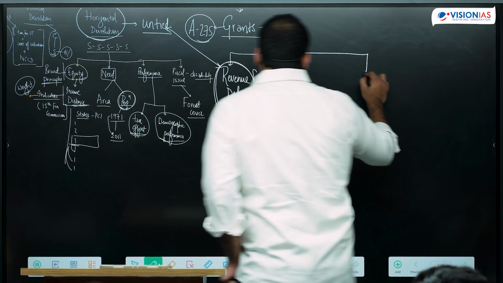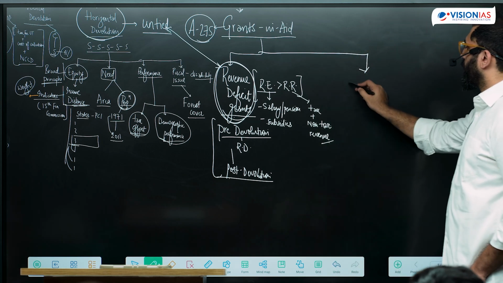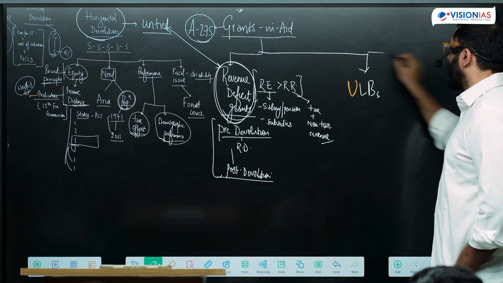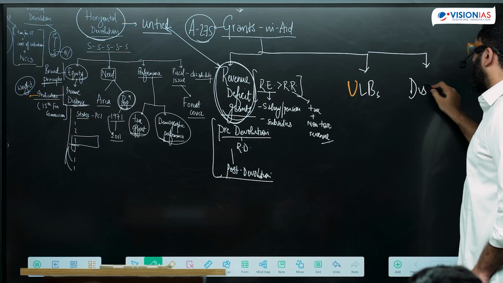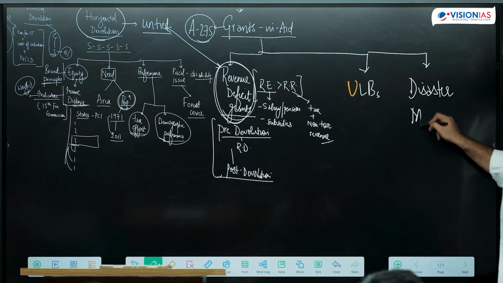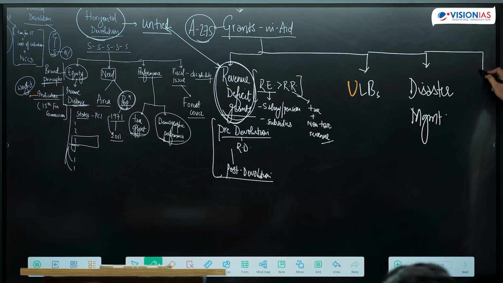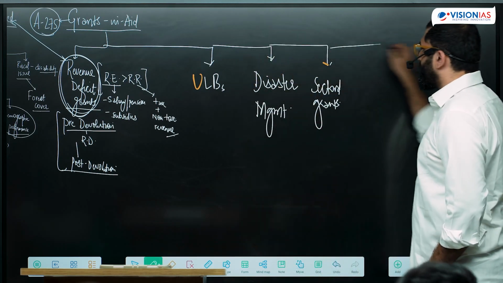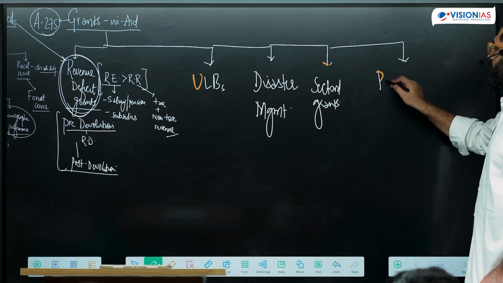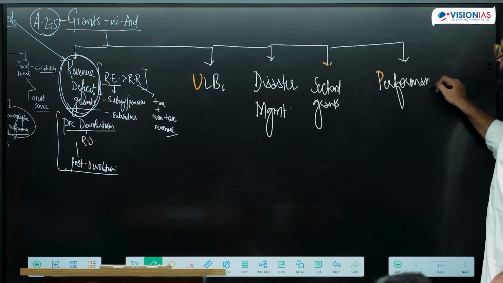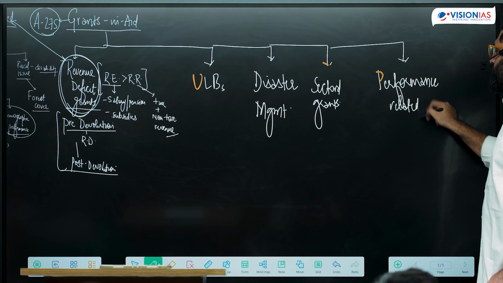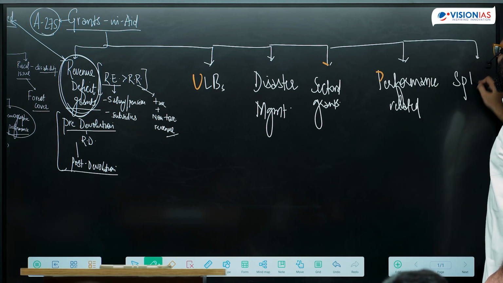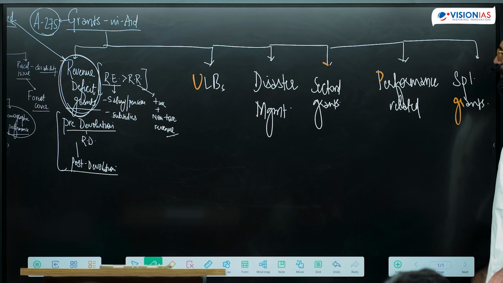For example, the 15th Finance Commission gave grants for urban local bodies, gave grants for disaster management, had certain specific sectoral grants, also gave certain reforms related grants, and special grants given to 2-3 backward states.